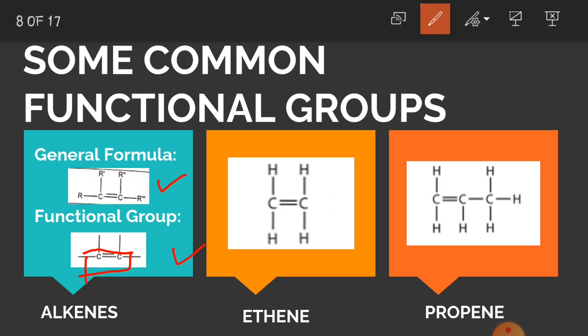Now in these two examples, you may easily identify the carbon double bond carbon in the organic compound, and the presence of this C double bond C is classifying them into a single family of compounds, the alkene. So this C double bond C is the functional group of the alkene.